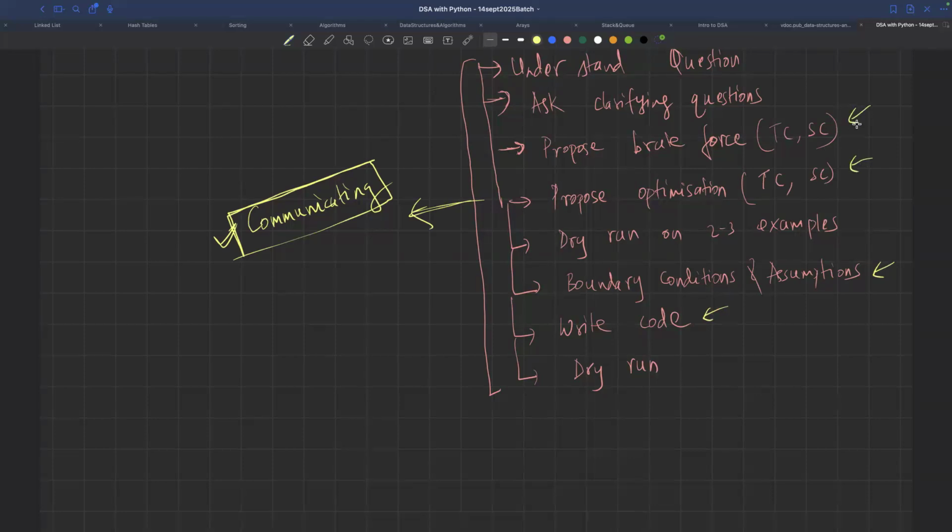All of us are humans. We cannot do all of this perfectly. But you have to constantly keep communicating. And the person on the other side is going to help you. But you have to create an environment where he is able to help you. If you are only thinking and not saying anything, and you are just writing and there is silence, then you are gone.